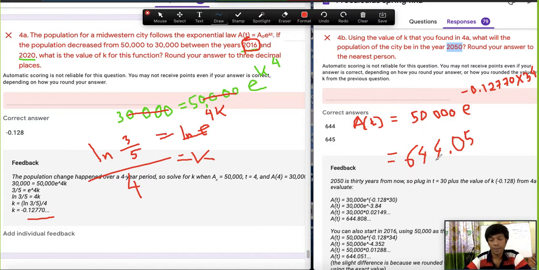Now you see what is happening here. It is not necessary that you give exactly this answer. This is the amount of population. You can write 644, which is one of the answer choices, and some people may write 645, which is also correct. Do not give the decimal value, because it is a number of population. 0.05 of a person is not possible. But what is happening in this math?